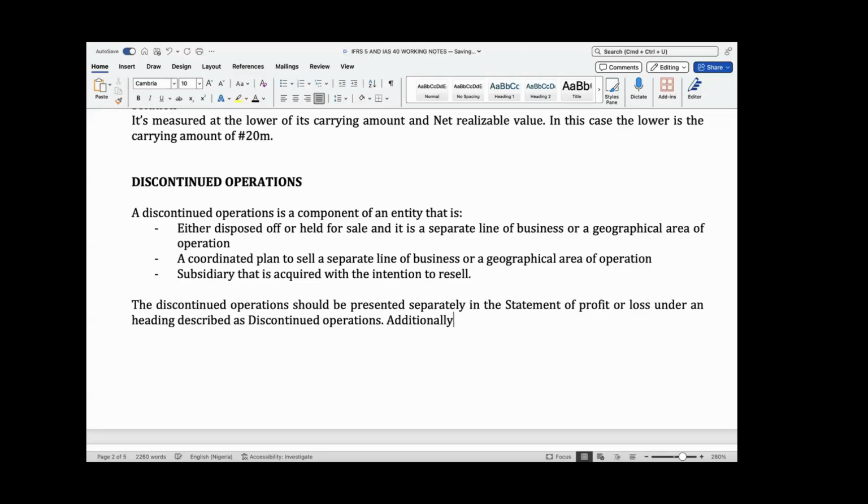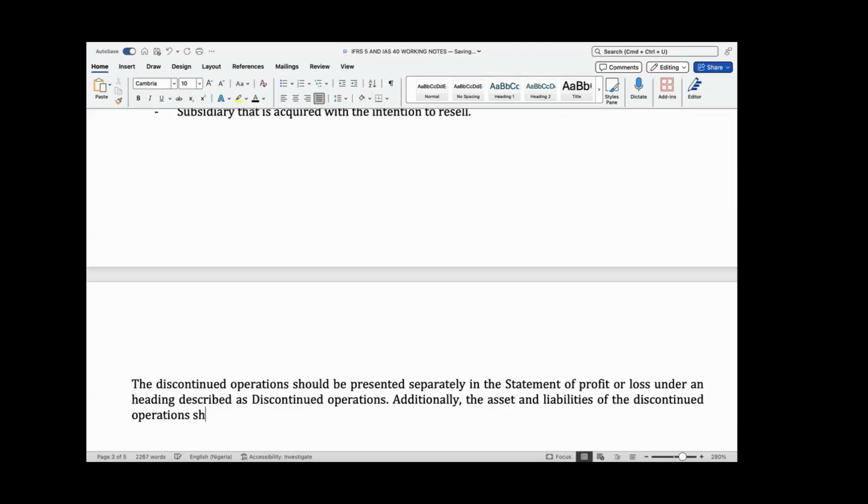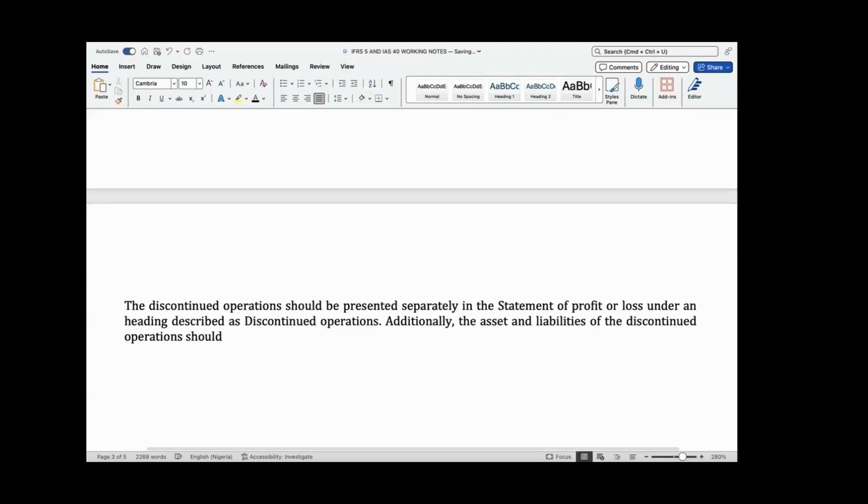Additionally, the assets and liabilities of the discontinued operations should be classified as held for sale in the statement of financial position.